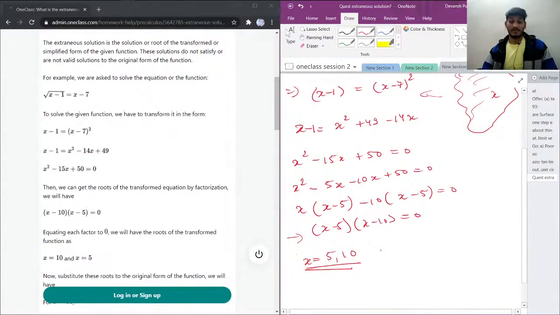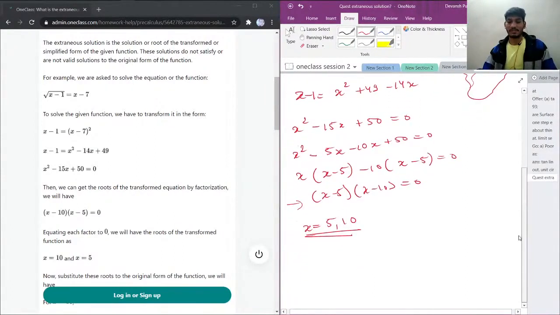Now the actual thing comes here. Whatever I was talking about, you are going to see from this step.